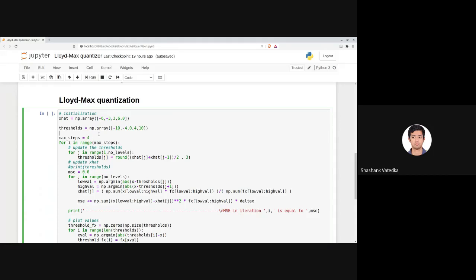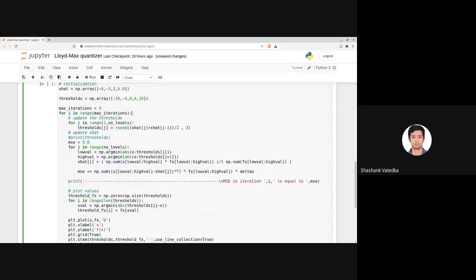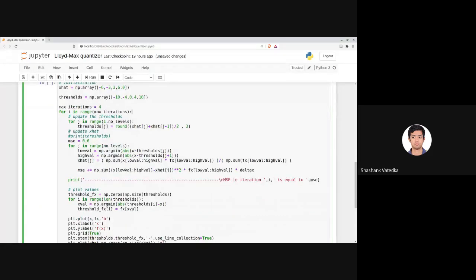So the quantizer is going, and I'm going to run it for a certain number of iterations. In each iteration, I'll do the following.